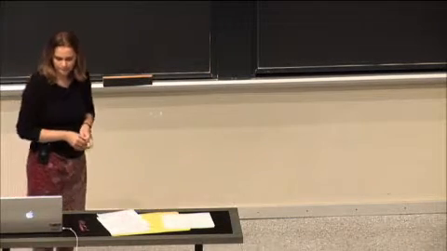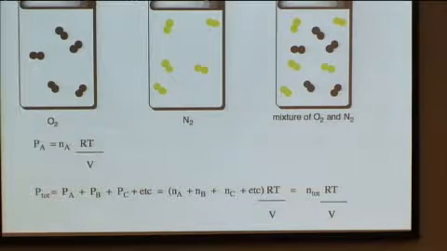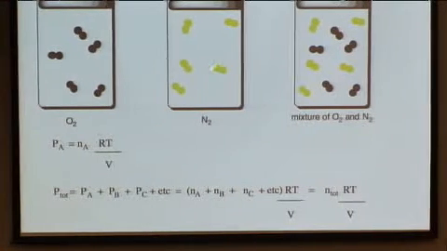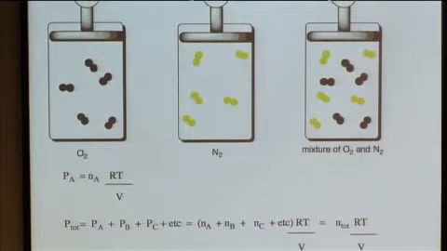So let's look at some equations. The partial pressure of a gas, P sub A, is equal to the number of moles of that gas. And we also have in this equation R, our gas constant, T, our temperature, and V, our volume.